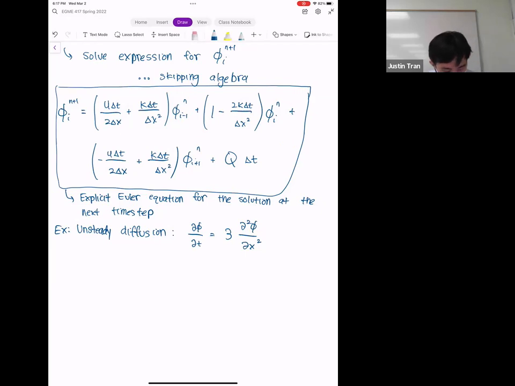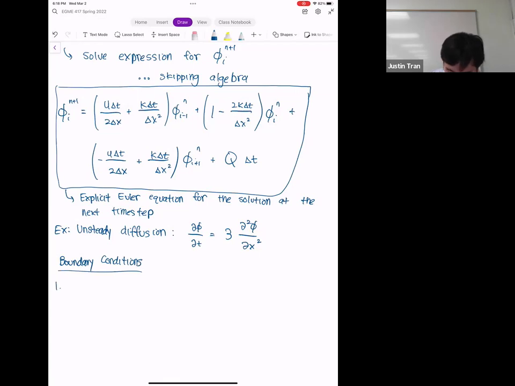Okay, so we have our unsteady diffusion equation here, simply partial phi partial t is equal to 3 partial squared phi partial x squared. We have our boundary conditions.